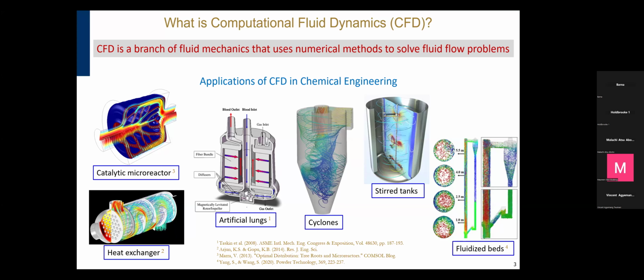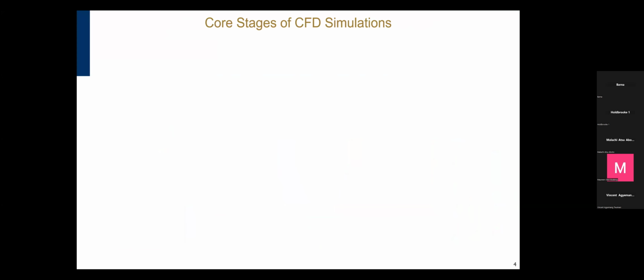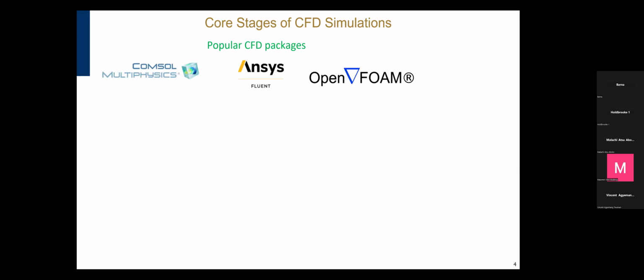Now, if we move on, you might be looking at what are the core stages, and what are the popular packages out there for you to actually use? Because when you first start CFD simulations, you are most likely not going to be writing your own codes from scratch. So there are popular packages out there, and these are just some of the packages that I ended up interacting with.